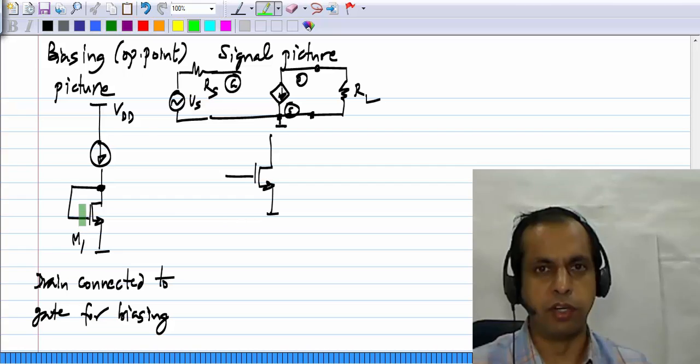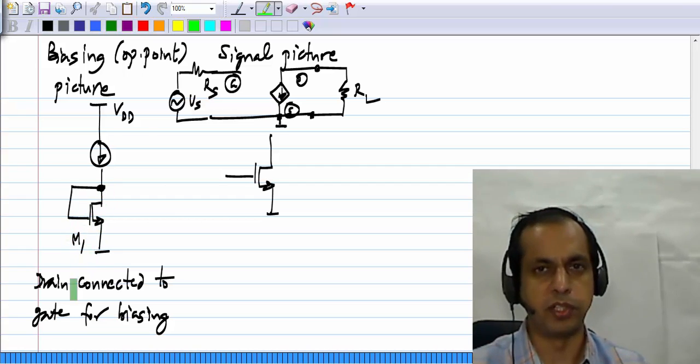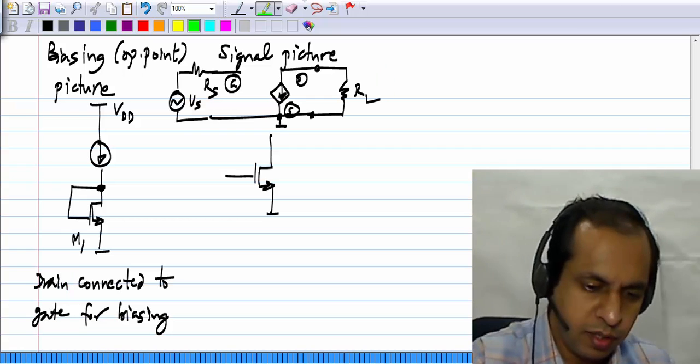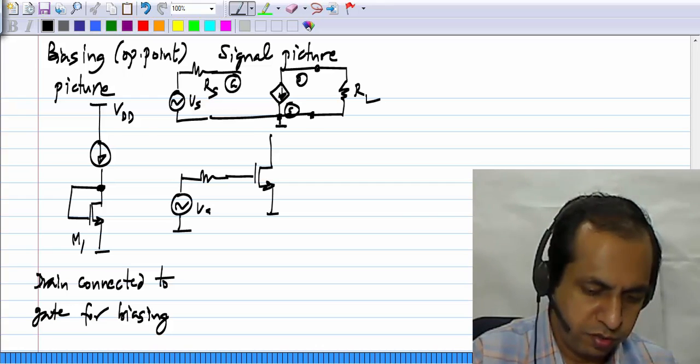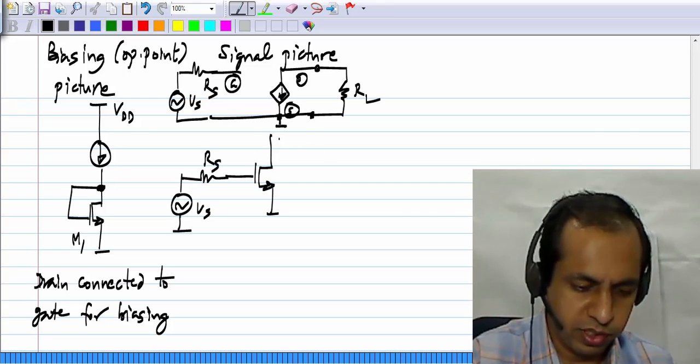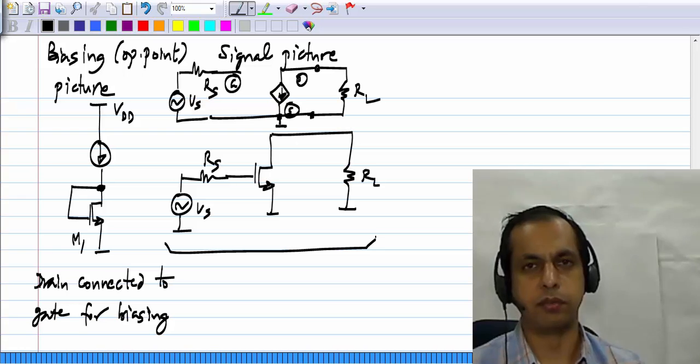And it's definitely more than VGS minus VT as long as the threshold voltage VT is positive. Or if I draw it with the MOS symbol, I have Vs and Rs appearing across the gate source and RL appearing over here. This is in the small signal incremental picture.